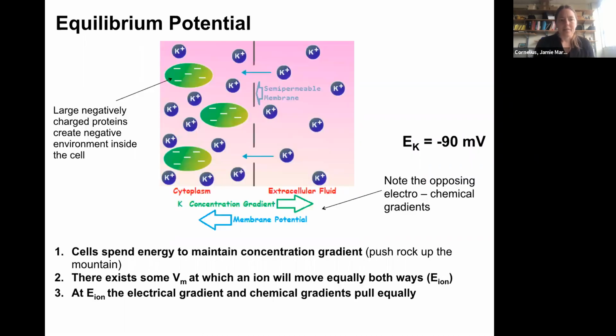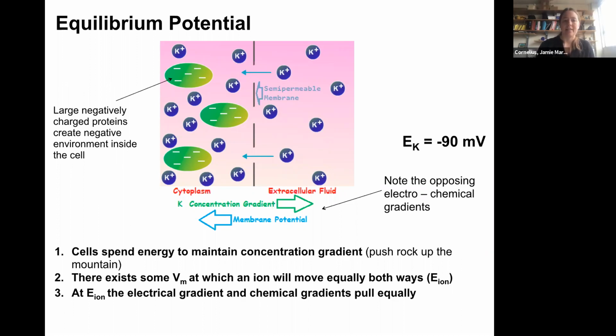So to illustrate the equilibrium potential, here's a cell. The dashed line in the middle there is the semi-permeable membrane. And those big green proteins are negatively charged. Again, these are not able to move across the membrane. And at rest, if you're thinking about potassium in this example, K+, then we see a lot of potassium inside the cell and not as much potassium outside of the cell.